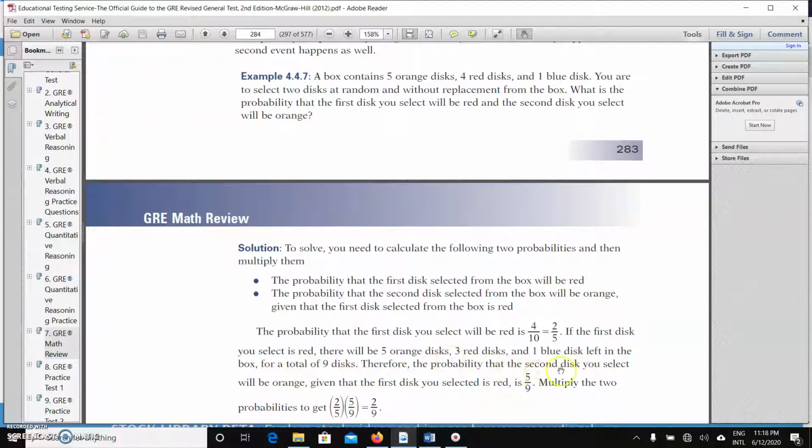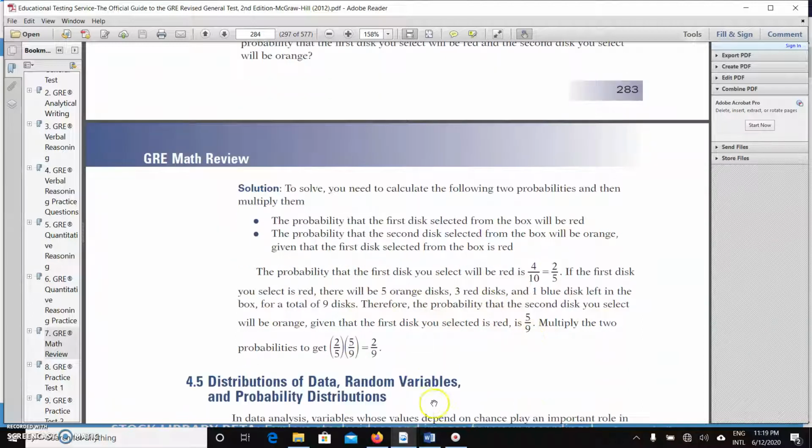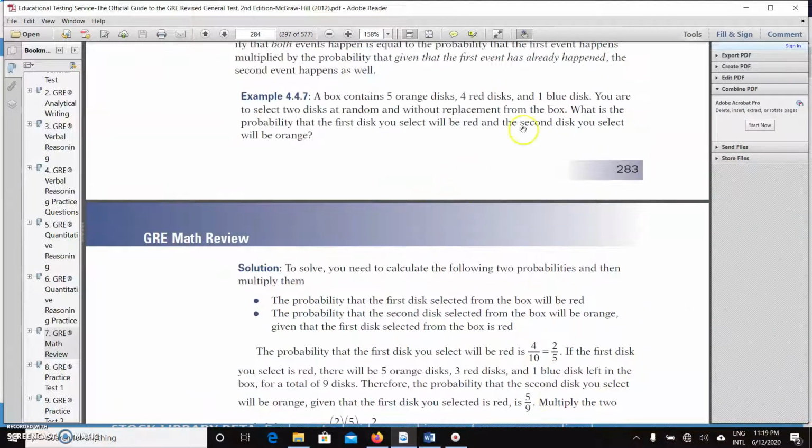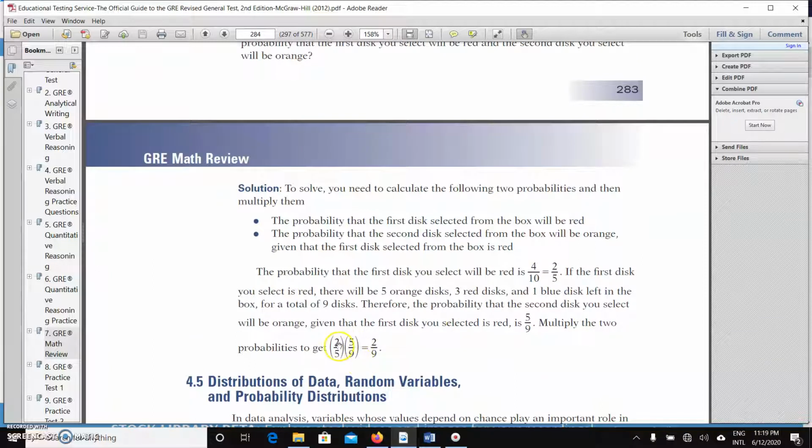Therefore, the probability that the second disc you select will be orange is 5 orange over the total number, which is 5 plus 3 plus 1, 9. Then since we have "and" as a sign, you multiply the probability of red, which is 2 over 5, and you cut it down like this, then times 5 over 9.